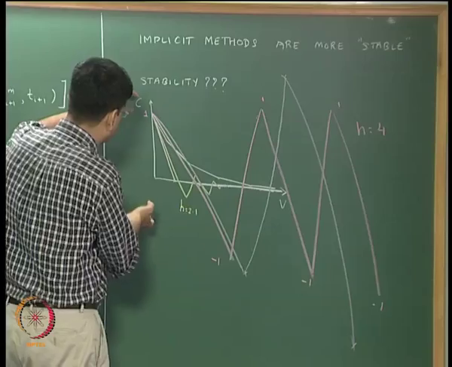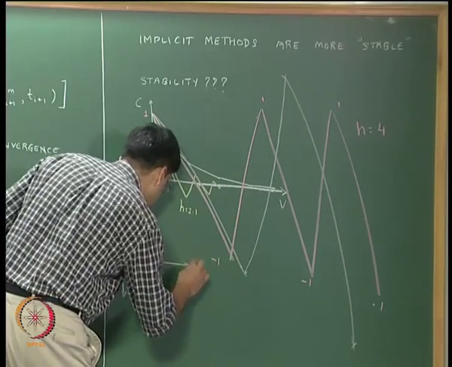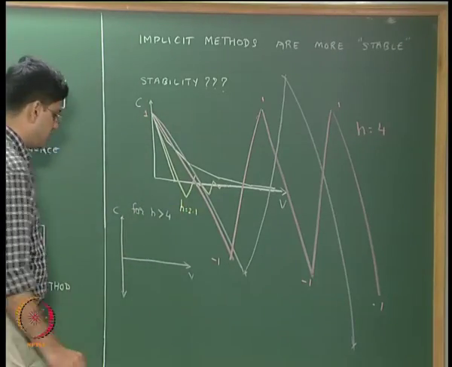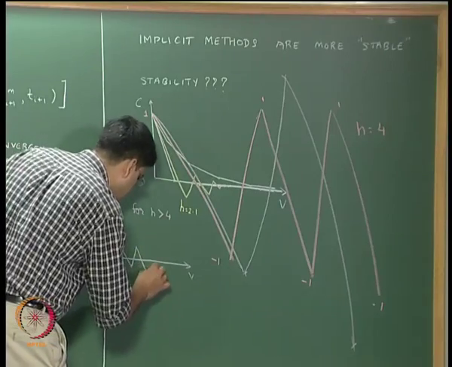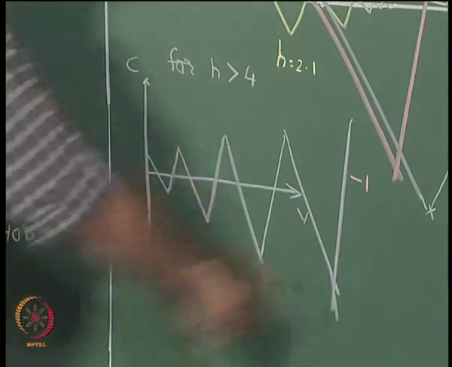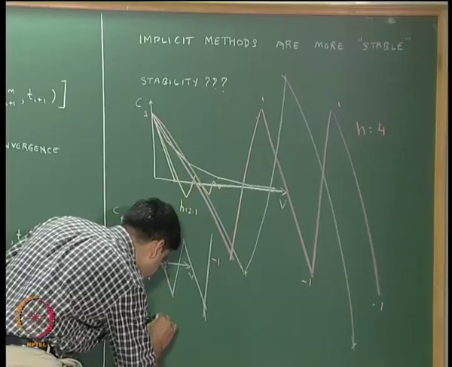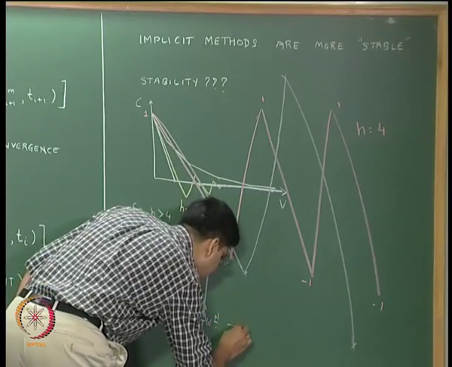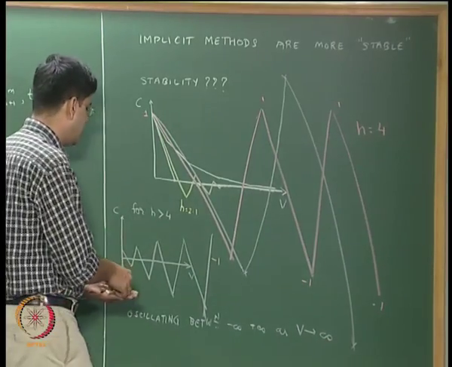So if we were to shrink the ordinate for this particular system and plot this, for h greater than 4 we will start at plus 1, go to a value below minus 1, and if we repeat it for large enough volume, what we will get is the overall result oscillating between minus infinity and plus infinity as v tends to infinity. This is known as an unstable solution.